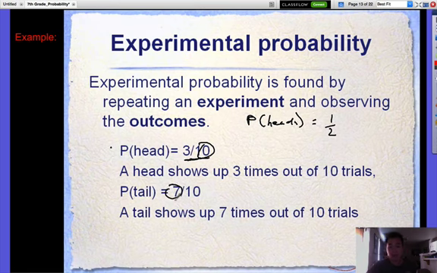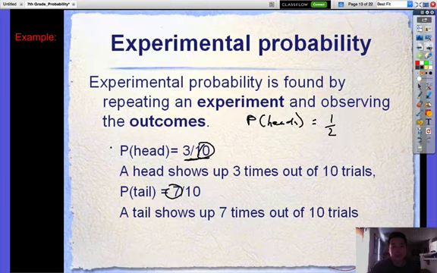So tails shows up 7 out of 10 times, heads 3 times. If I were going to predict the next trial, 70% versus 30%, I'm going to lean more towards the tails, just because it happened more than the heads. We figured that out by actually conducting an experiment.